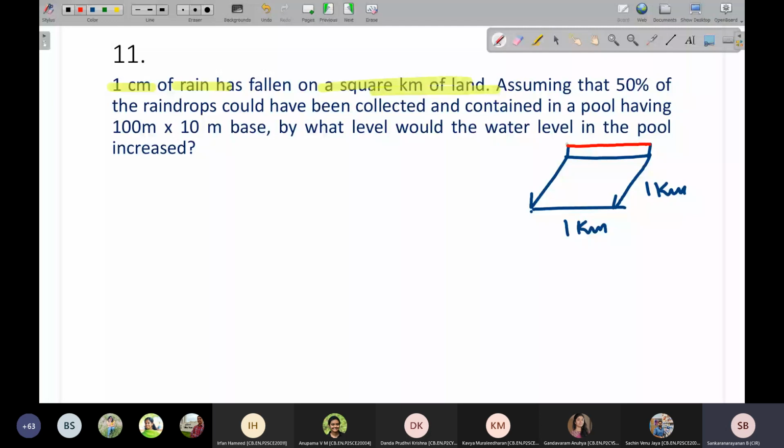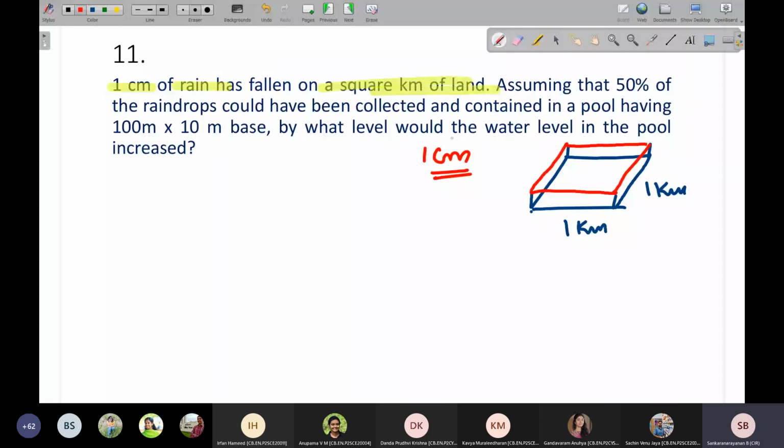When I say 1 centimeter of rain fell on this area of 1 square kilometer, it has to be perceived like this: because of the rainfall, there was water logging at 1 centimeter height. Like that, you can assume. If you look at this diagram, it will give you the idea.